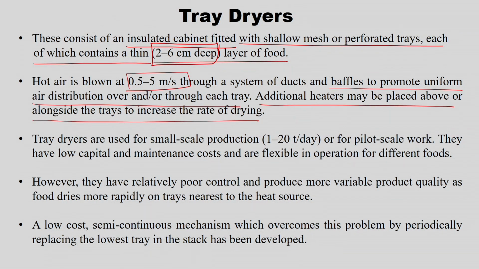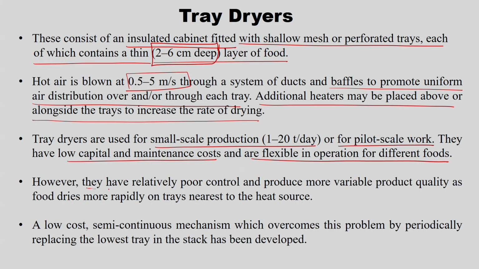These dryers are used for small scale production, of 1 to 20 tons per day, or for pilot scale work. They have a low capital and maintenance cost and are flexible in operation for different foods, because all I need is one cabinet, some trays, one fan and a heater. The capital cost is very low and maintenance cost as well, because we can take the trays out and cleaning is also very easy.